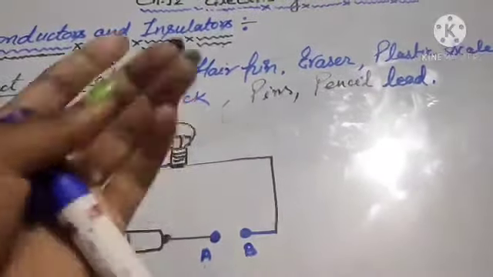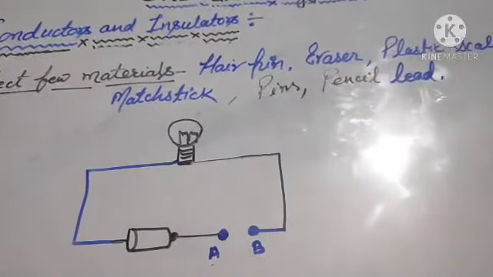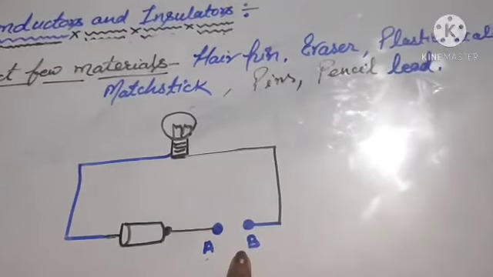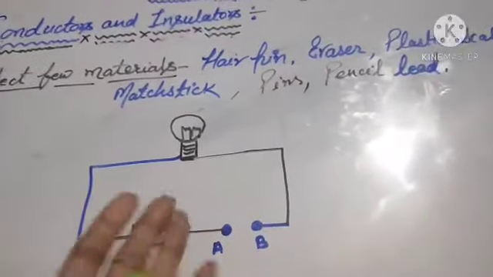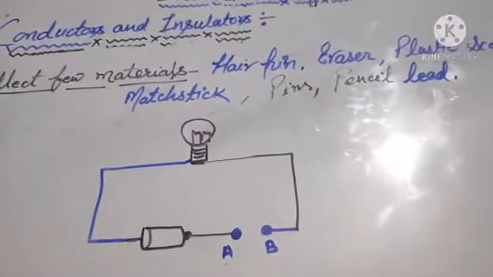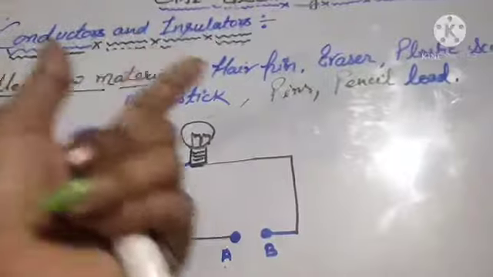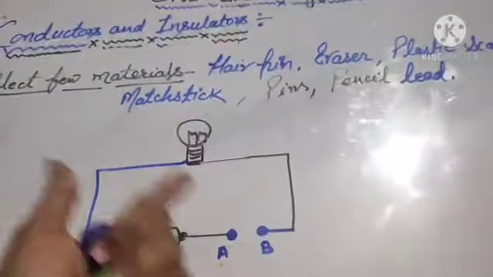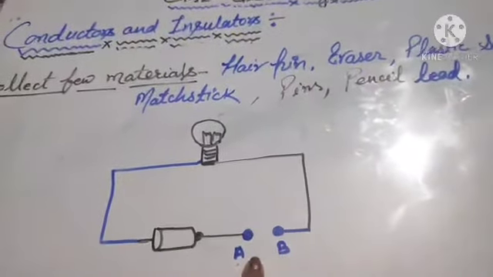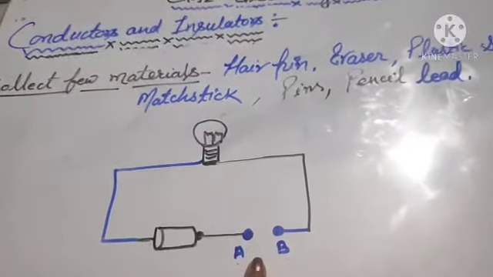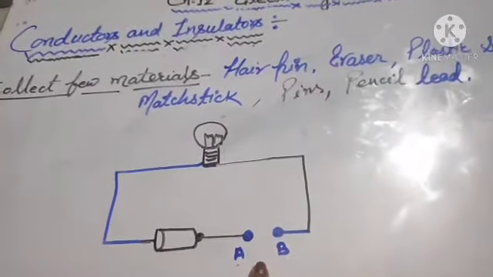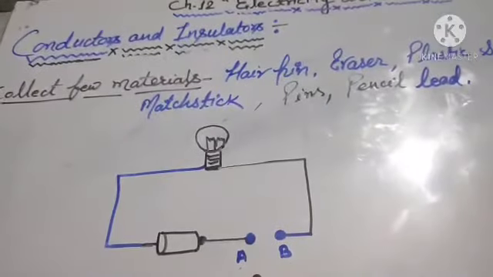Now when we insert a plastic scale between the gap of A and B, the plastic scale is made up of plastic, so in that case the bulb does not glow. And when we place a matchstick here, again the matchstick is made up of wood, and wood is also a bad conductor of electricity, so in that case the bulb does not glow, right?